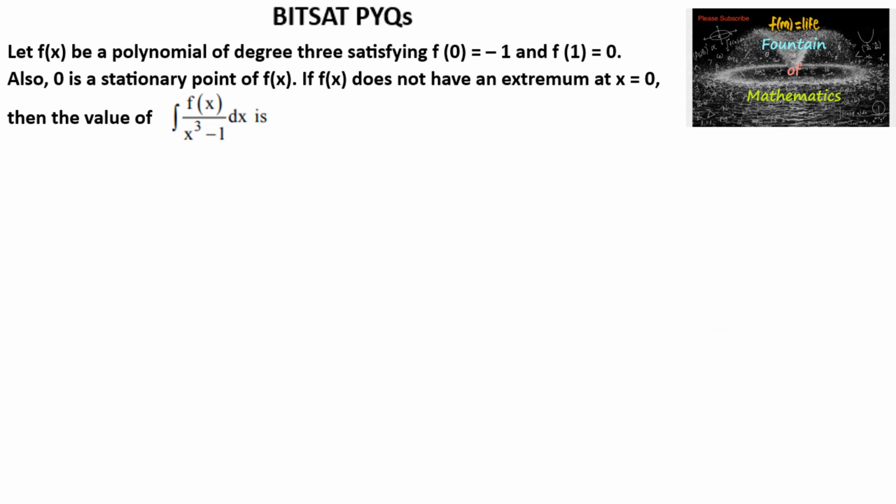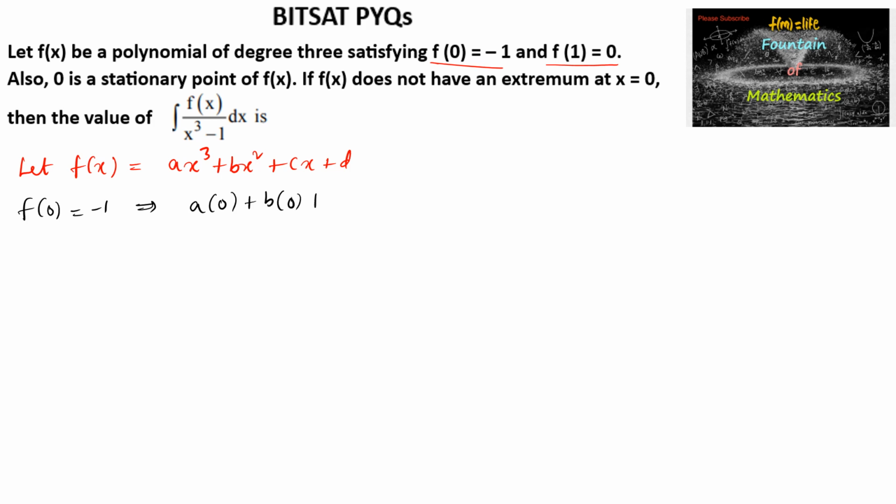Given a polynomial of degree 3, f(x), satisfying f(0) is negative 1 and f(1) is equal to 0. Let us consider the third degree polynomial f(x) is equal to ax³ plus bx² plus cx plus d. It is given f(0) is equal to negative 1, which implies a·0³ plus b·0² plus c·0 plus d is equal to negative 1, so d is equal to negative 1.